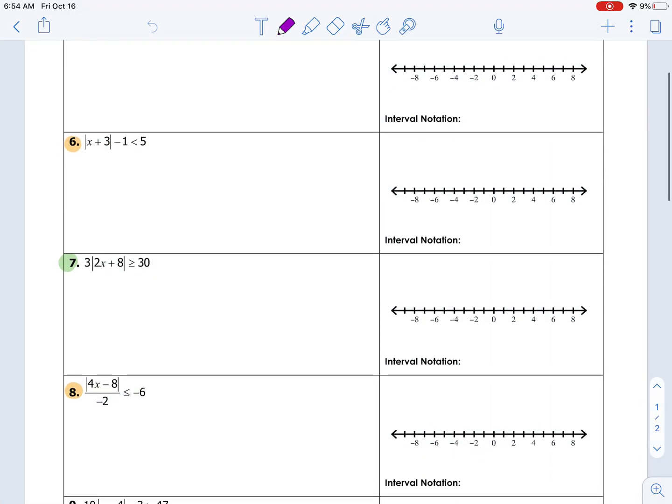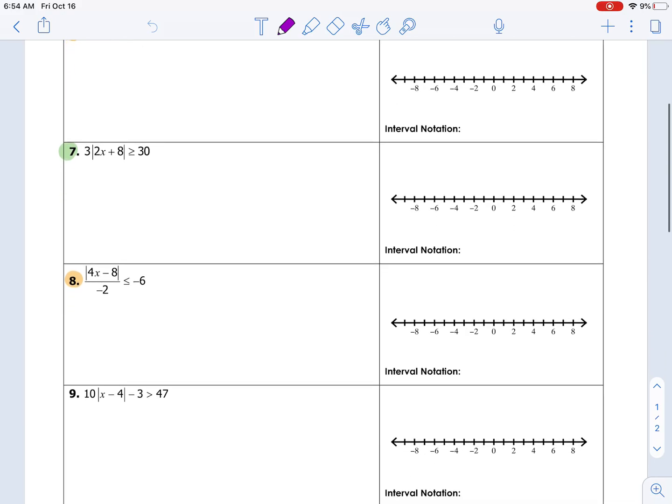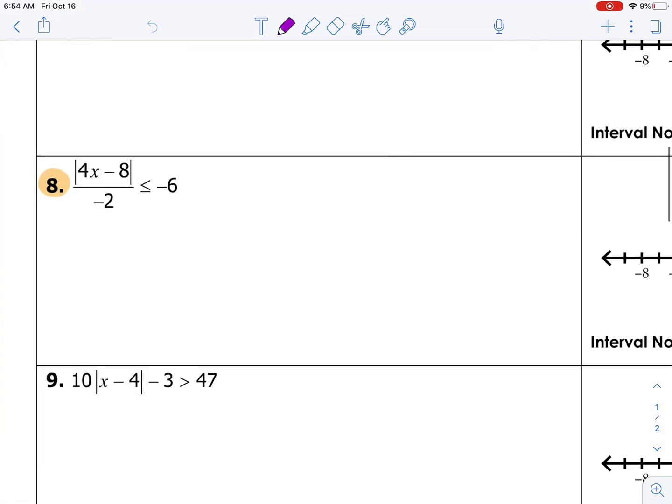So we're going to go to the next page of notes, and we're going to do number 8. I noticed that this showed up in some of the IXLs that I've assigned previously. We've talked about how when we divide both sides by a negative number and we have an inequality, we have to switch the direction of the inequality.